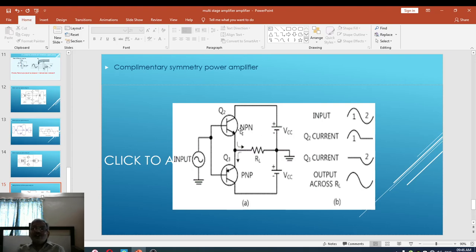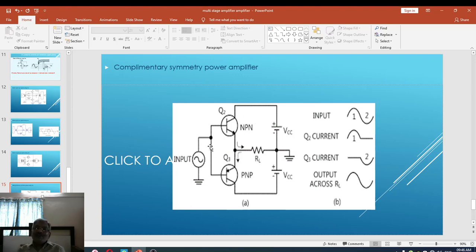Hence, at the cost of IC1, power is developed across the load. But here, when the NPN transistor conducts, we observe that the PNP transistor remains off. When this transistor is off, it pulls the current. As NPN is on, it pushes the current.